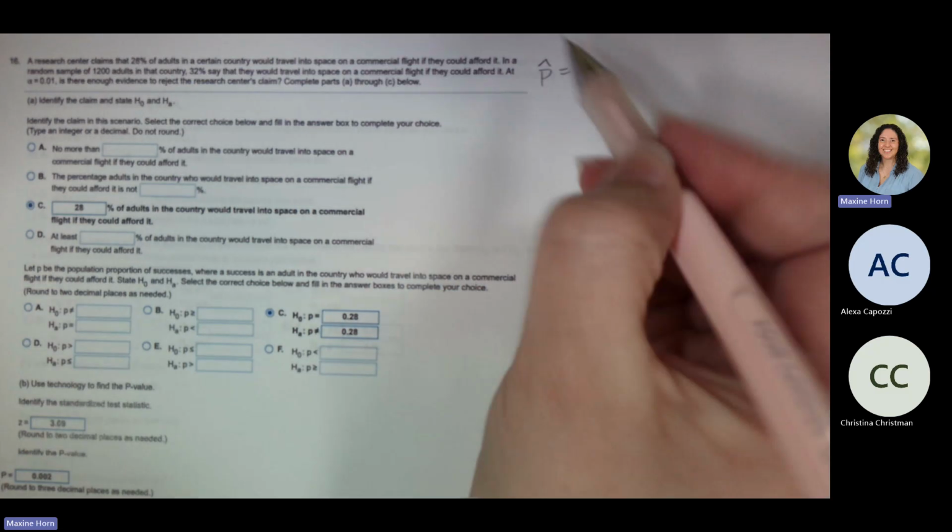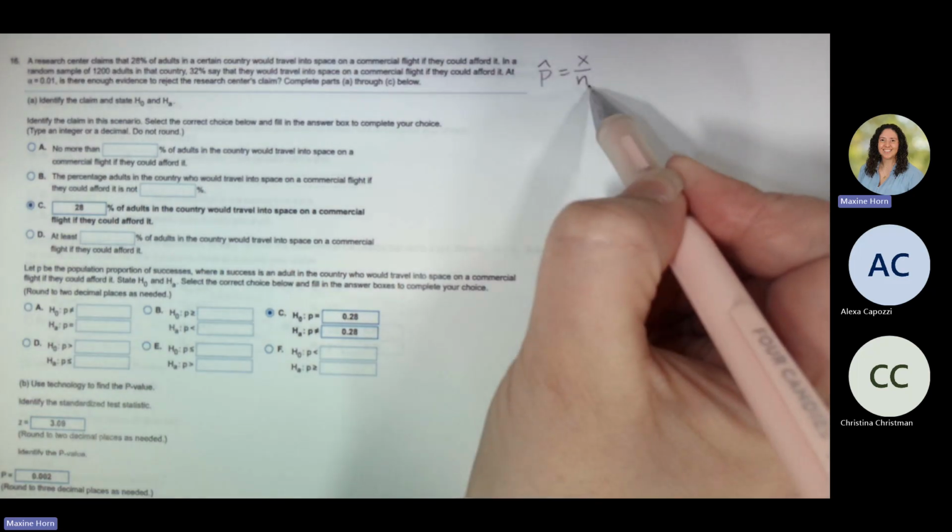So when we go to use the calculator for this, we need to have an x and an n. They're not giving us an x and an n. You know what? I'm getting ahead of myself. Let's start the way that we always start.